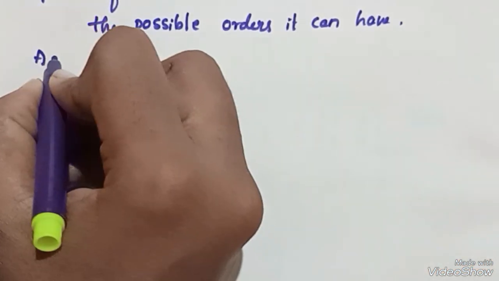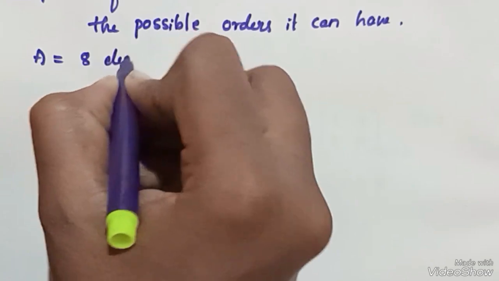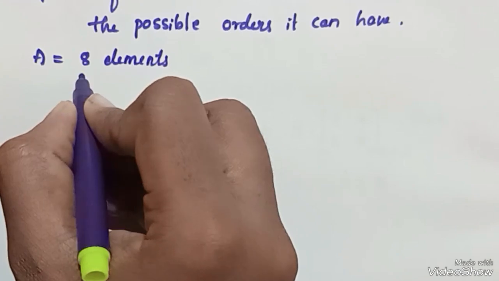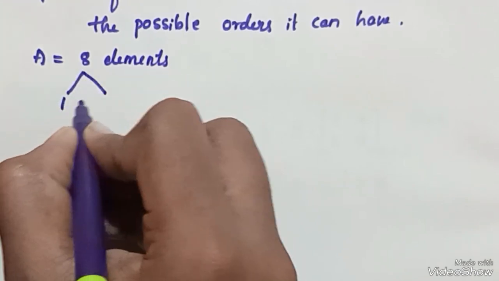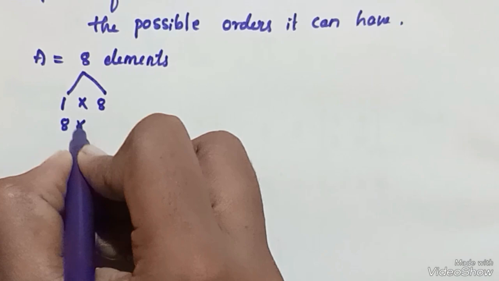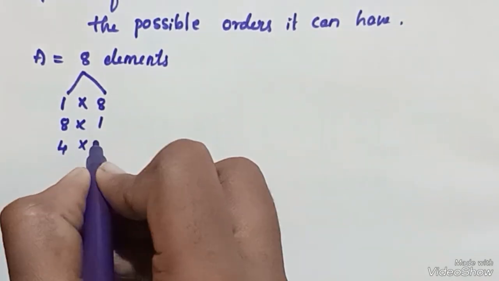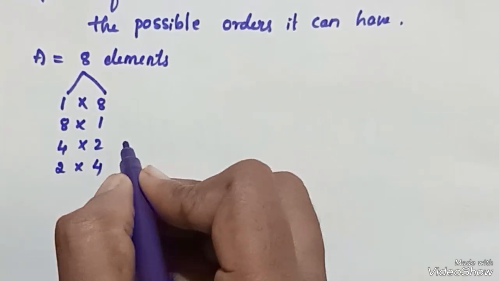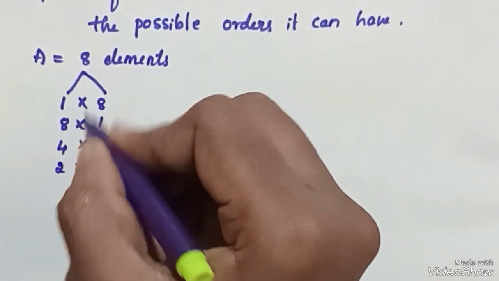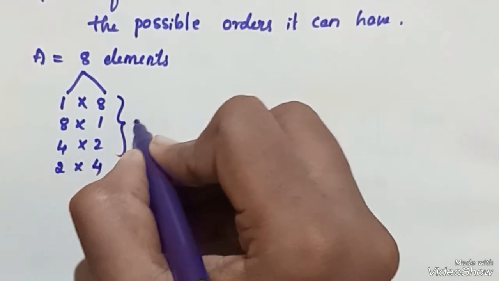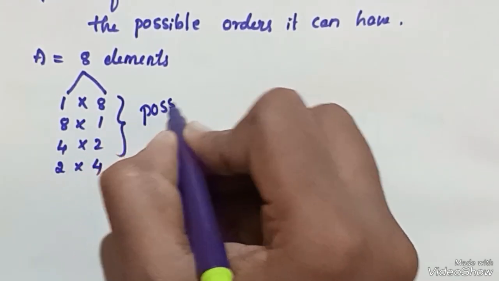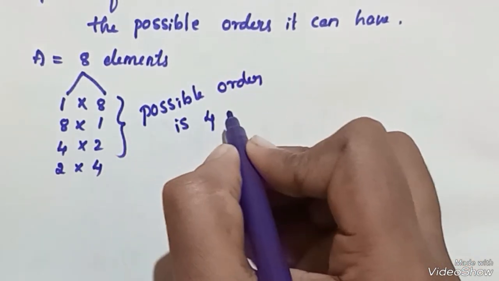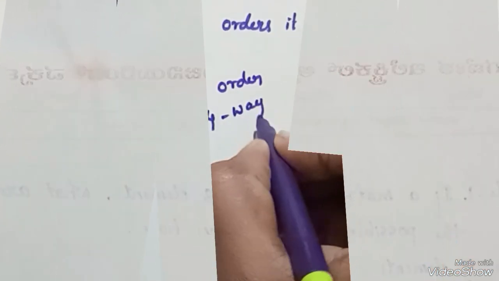Here A is a matrix with 8 elements. Then 8 elements can be expressed as 1 into 8, 8 into 1, 4 into 2, or 2 into 4. It can be expressed in 4 ways. Therefore, the number of possible orders is 4.